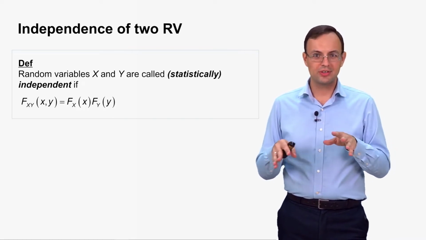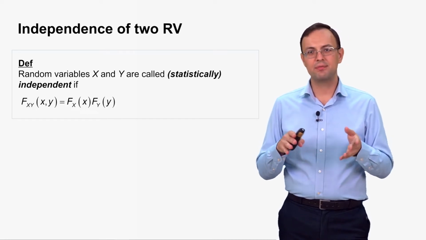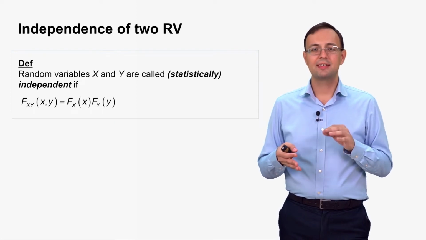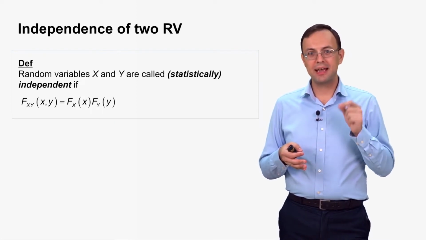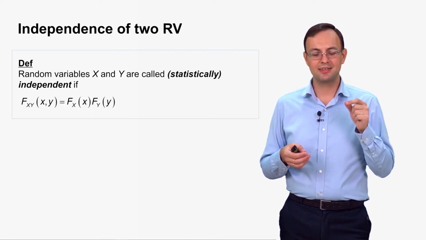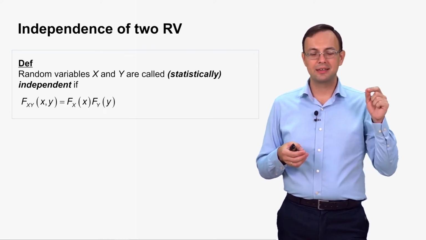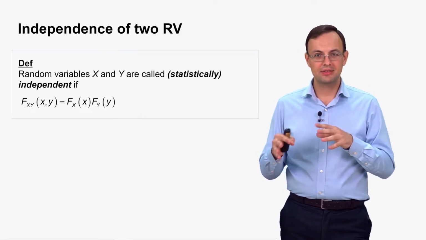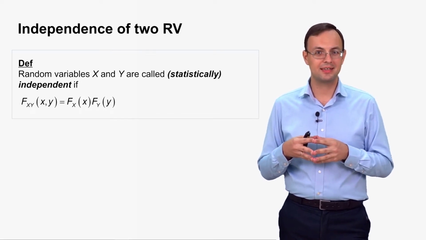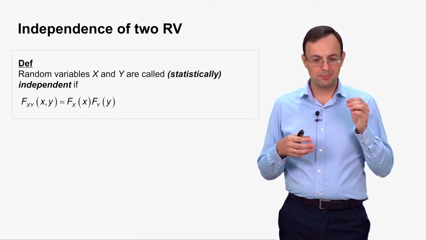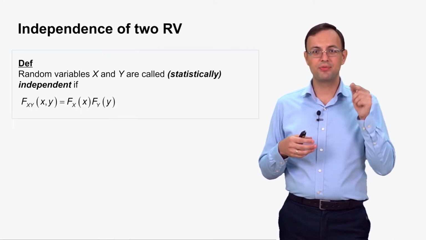And they usually say independent random variables, independence of two random variables, and so on. And please mind this situation, that when a statistician says independent random variables, he means statistically independent. So he means independence in terms of this definition.